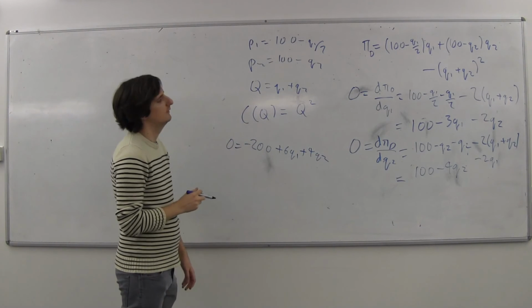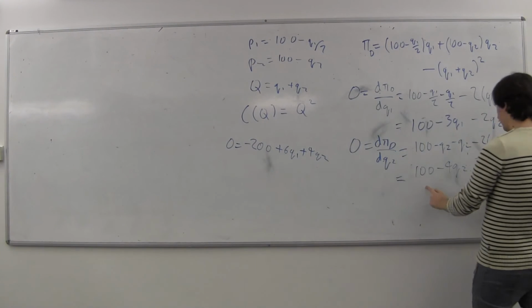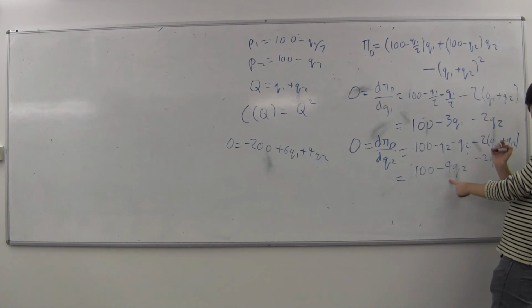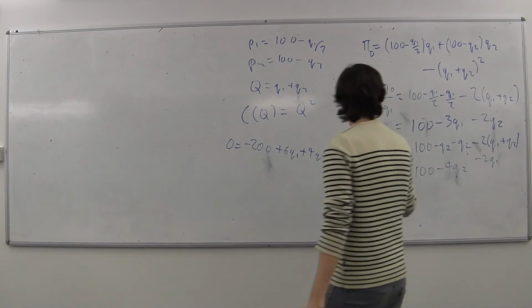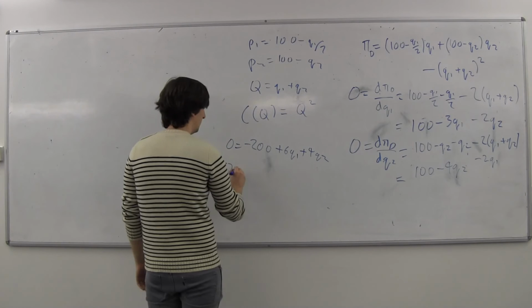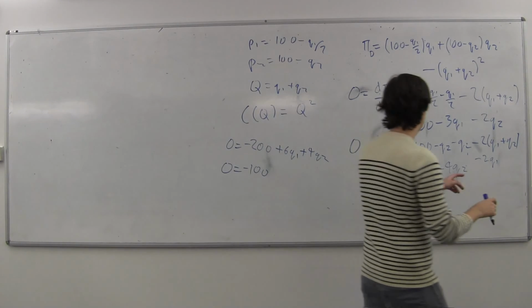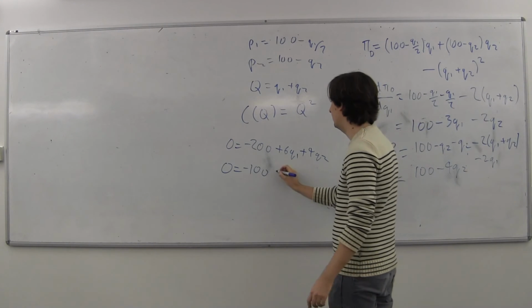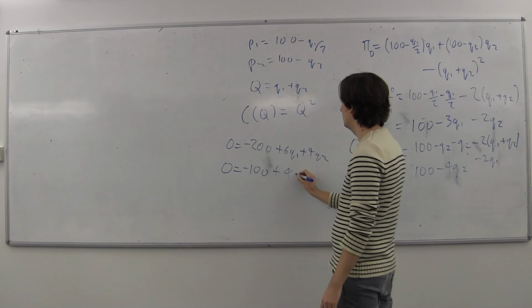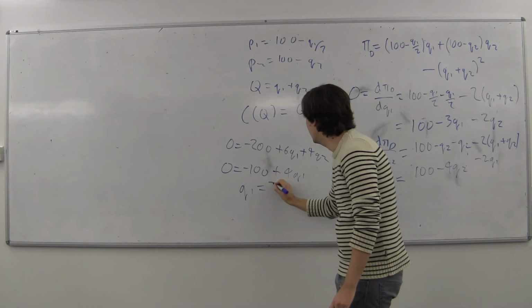Now let's add this equation and this equation. The minus 4 Q2 is going to cancel out. From adding the two, we have 0 is minus 100, and then we've got minus 2 Q1 there and a plus 6 there, so in total plus 4 Q1. So Q1 equals 25.